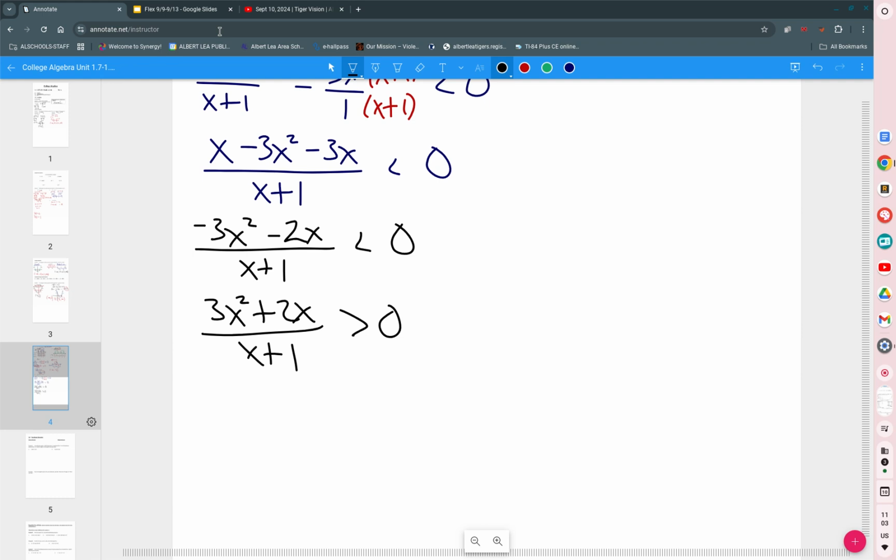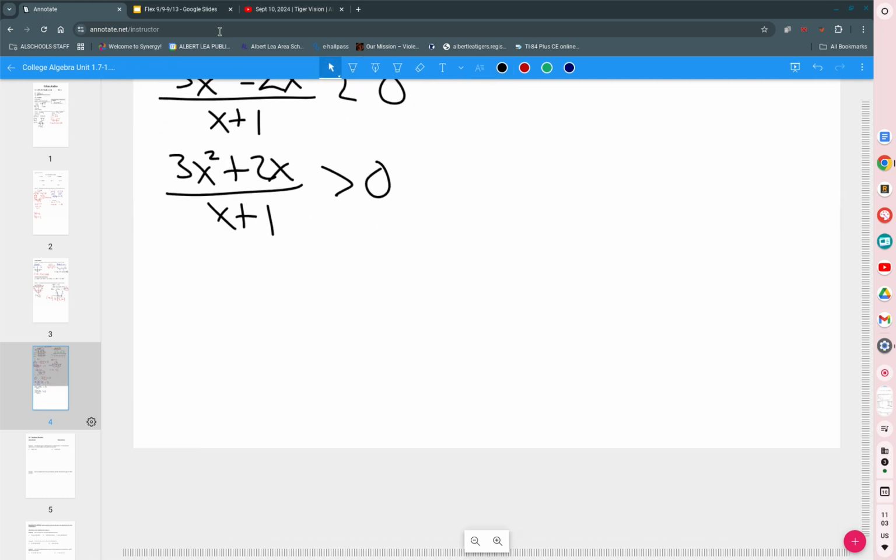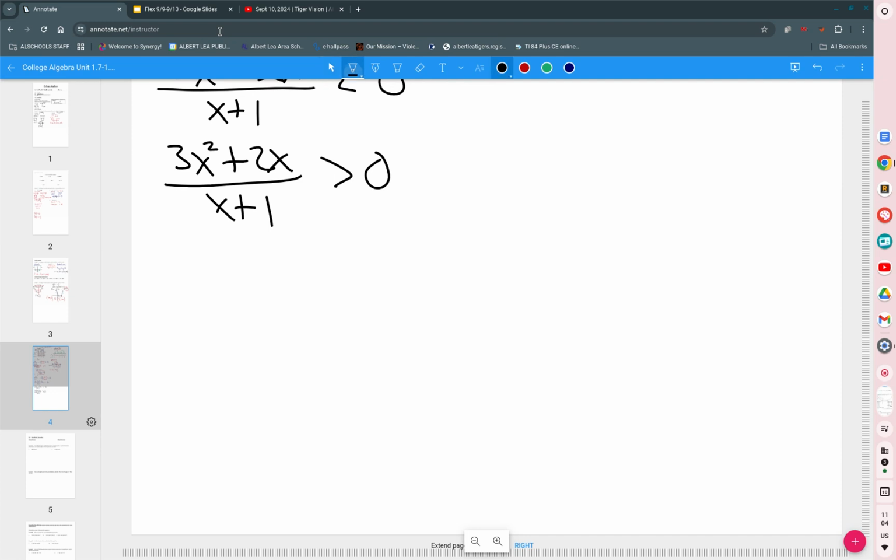Our last step before we're ready to make our table, you guys are doing a great job. This is a tough lesson. Way to focus through it. What is my last step I need to do here? Factor out the x, and you get 3x plus 2 over x plus 1 is greater than 0.